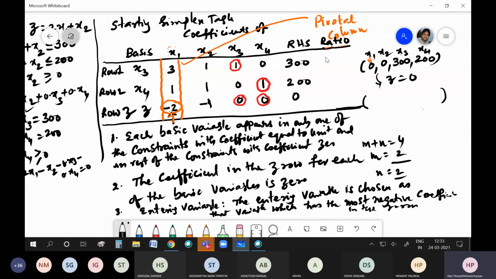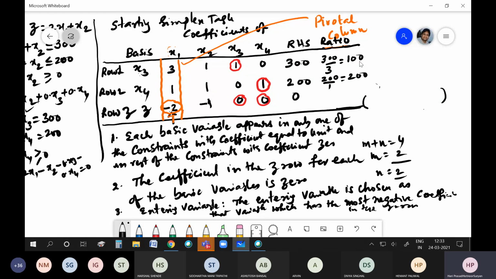That means 300 by 3. 300 by 3 is equal to how much? 100. Here 200 by 1, which is equal to 200. So whichever has the minimum value, that has to go.